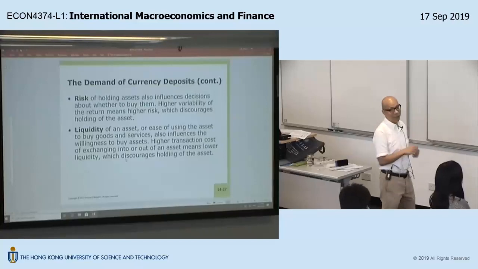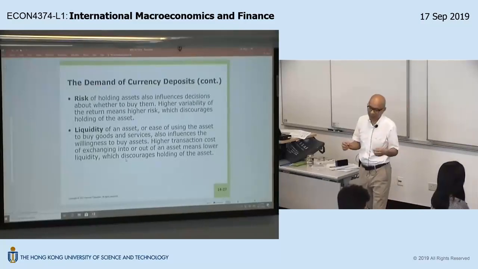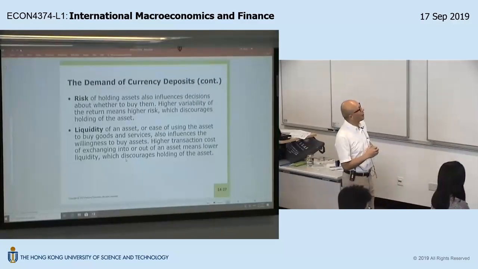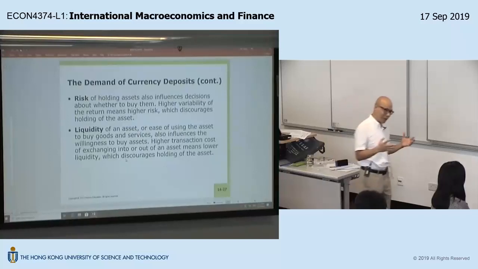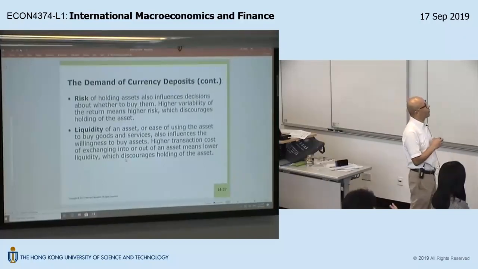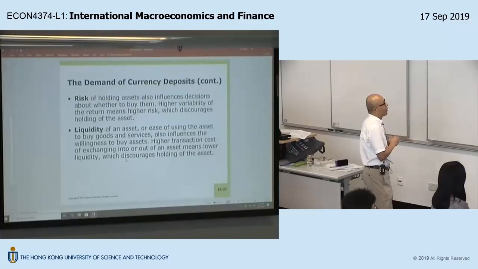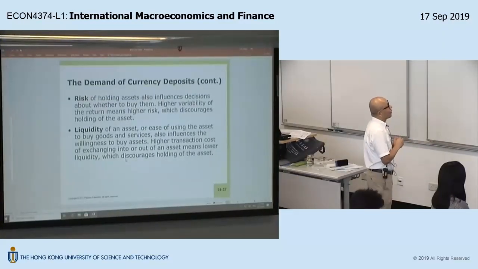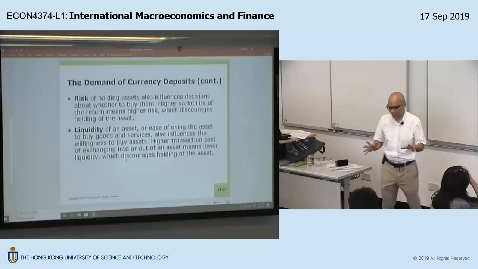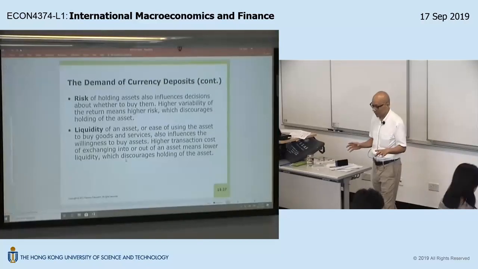Because you cannot immediately convert it. That would be the problem of liquidity. If you cannot easily convert, that would be the problem of liquidity. So in general, for assets, we do worry about liquidity. Okay.